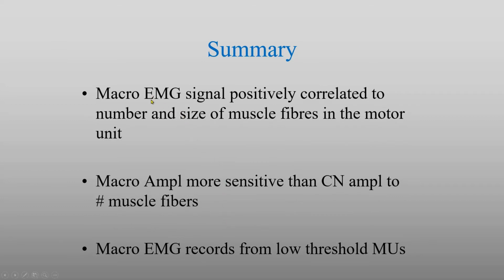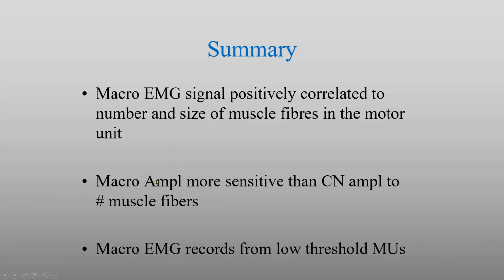We know from different studies that the macro EMG signal amplitude is positively correlated to number and size of muscle fibers in the motor unit. So it is really a recording of the size of the motor unit.